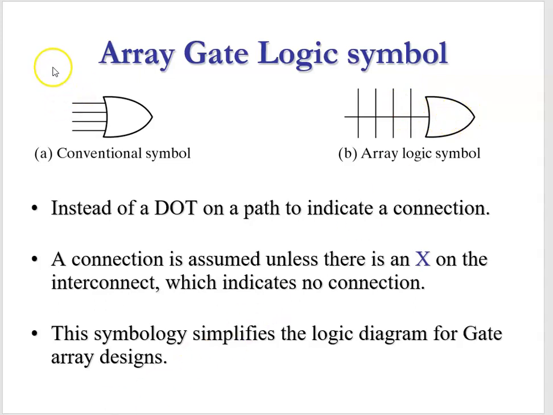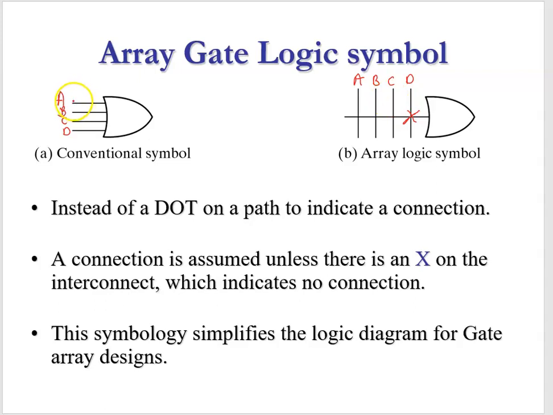If I compare the two, if I had 4 signals, A, B, C, and D, then I could put A, B, C, and D. If I don't want to connect, for example, D, these are all connected because they're initially connected. If I don't want to connect it, I put an X there.